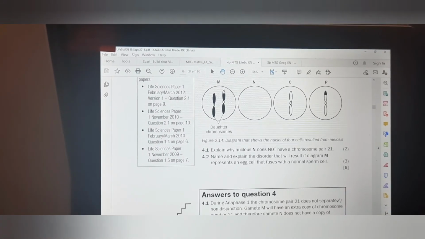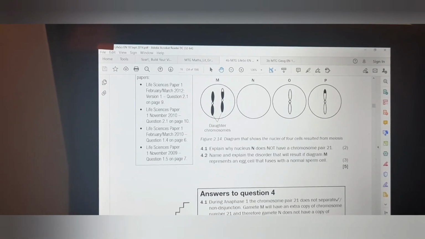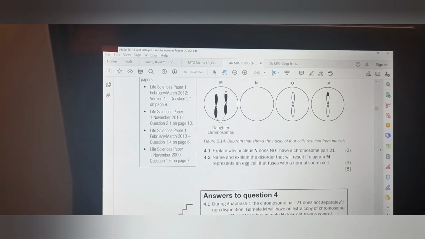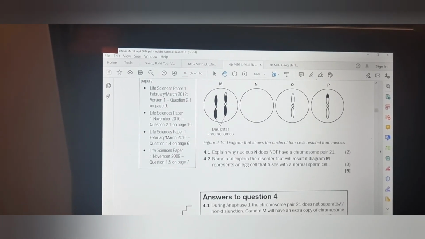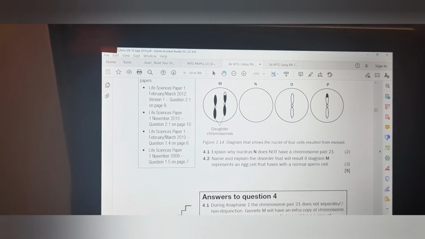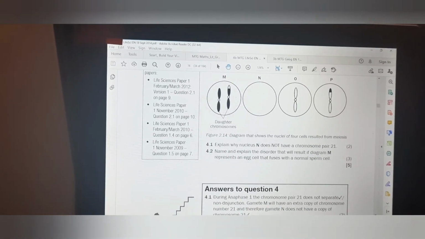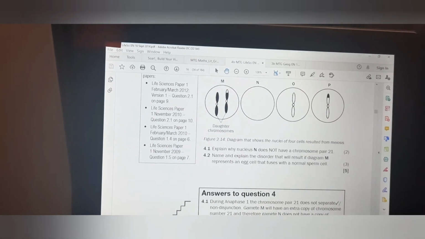The chromosome pair 21 did not separate, so there was a non-disjunction. The gamete M will have an extra copy of chromosome number 21, and therefore gamete N does not have a copy of chromosome number 21. That's your answer.